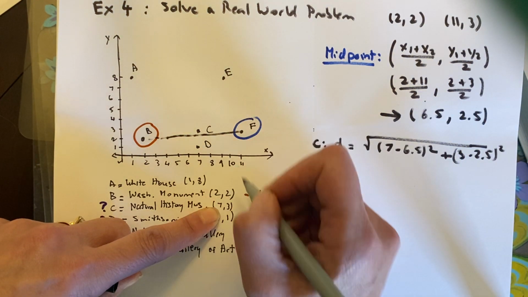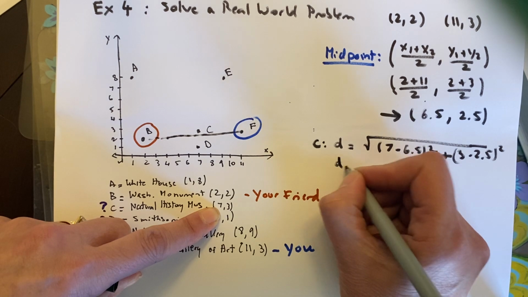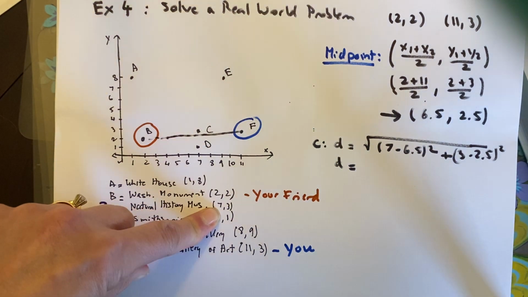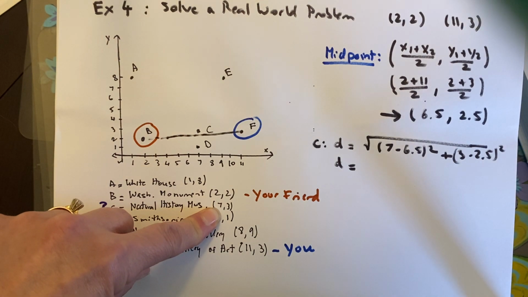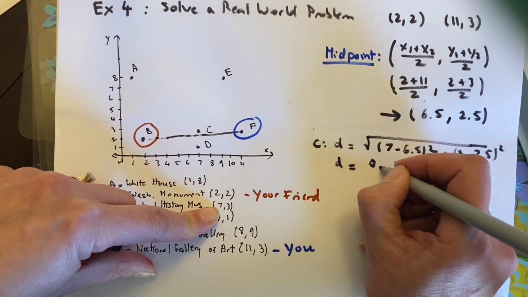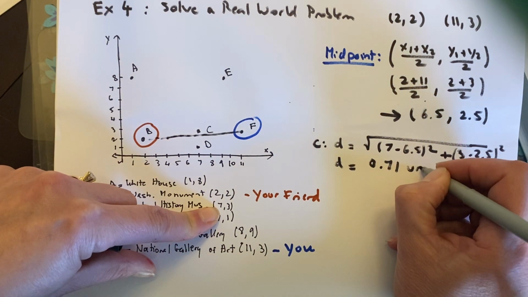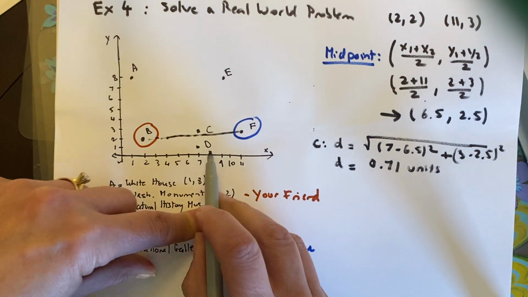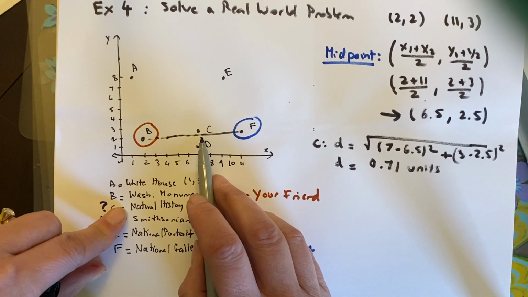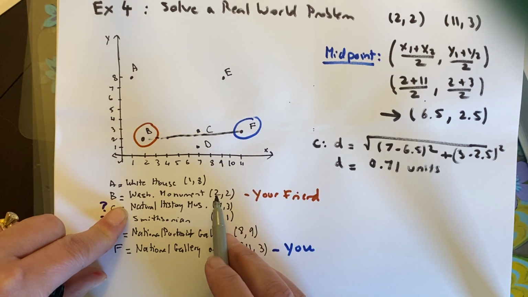So my distance from C, the Natural History Museum, when I work that out, is going to give me 0.71 units. So the map is telling me that's how close I'll be to C when I'm at the midpoint between them.